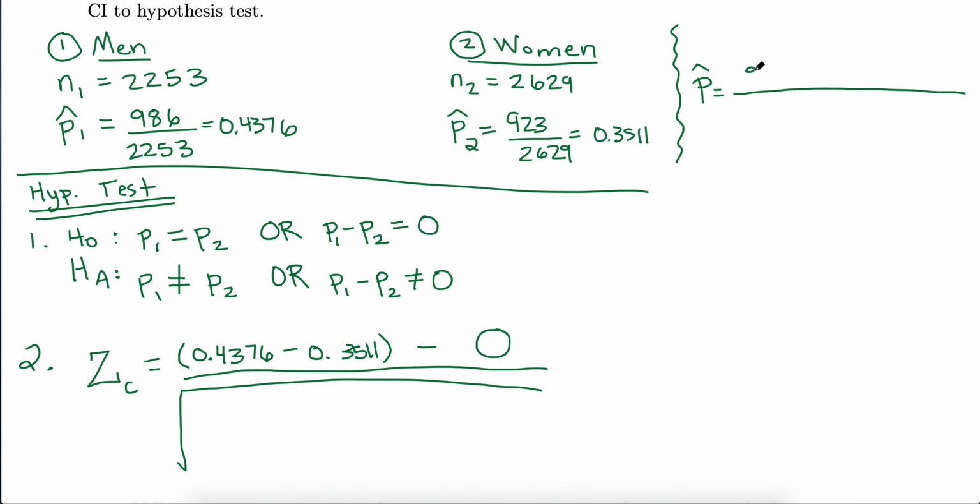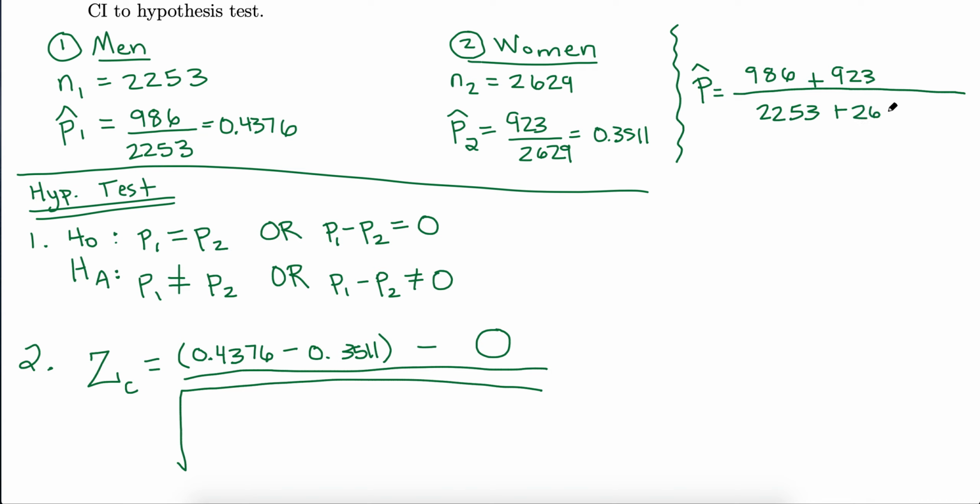We've got 986 successes, or men living at home, and 923 women living at home here. So all the successes, if it's from one common group, over our total sample size when we combine this as if it's one common group.